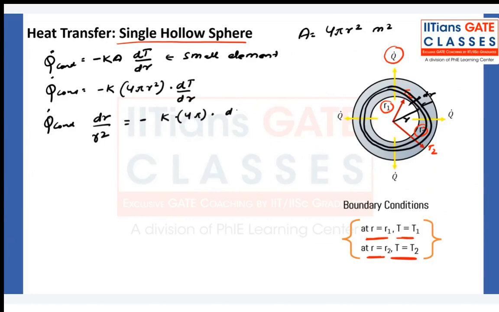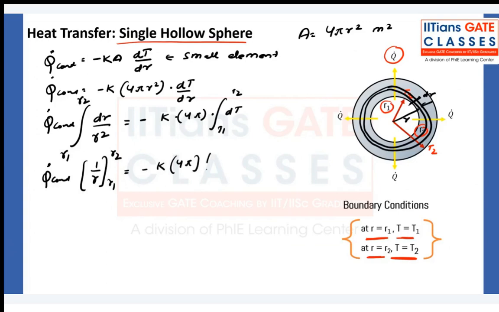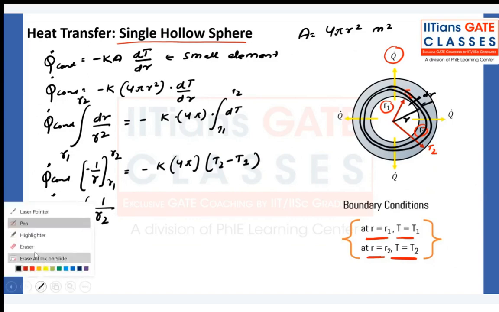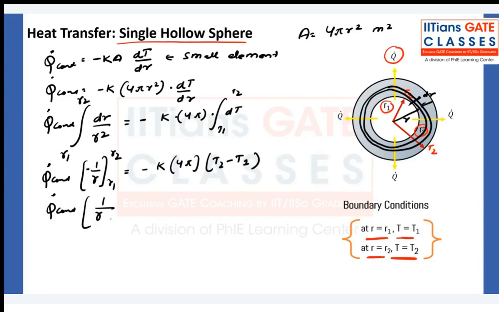Now I have to integrate it from R1 to R2, and from T1 to T2. So Q dot conduction times (1 upon R) from R1 to R2 is equal to minus 4 pi K times (T2 minus T1). What can I write here? Q dot conduction times (1 upon R2 minus 1 upon R1)... so it will be 1 upon R1 minus 1 upon R2.